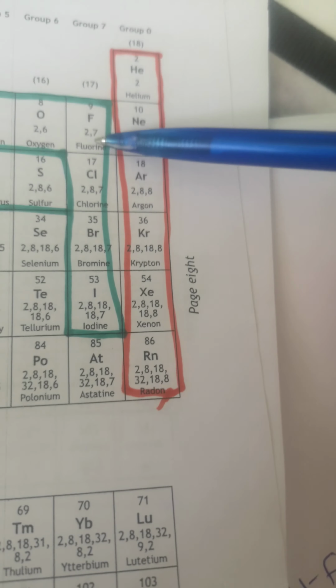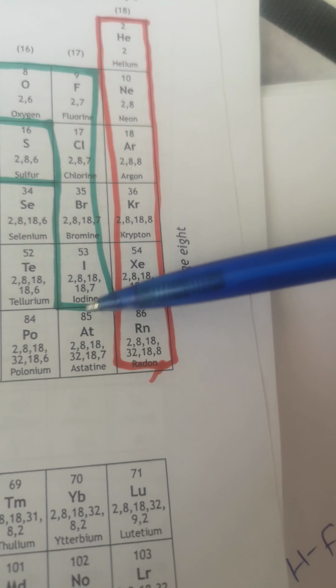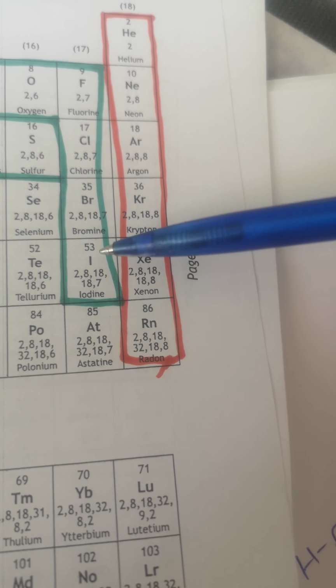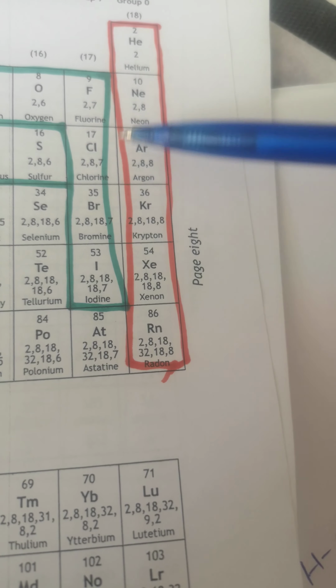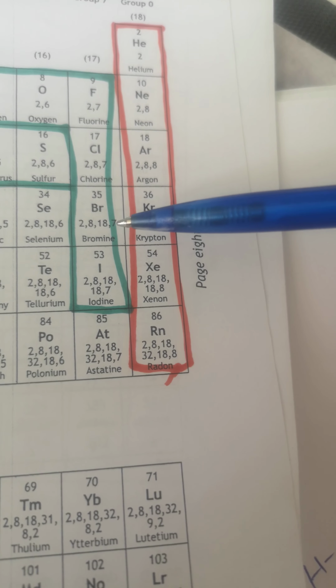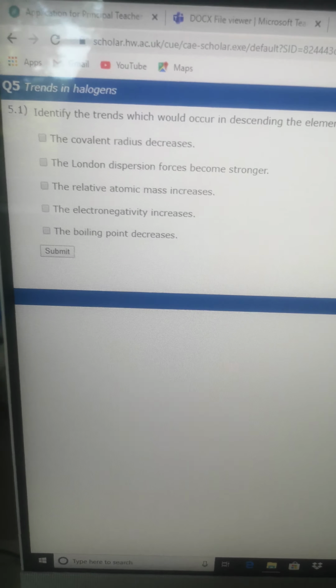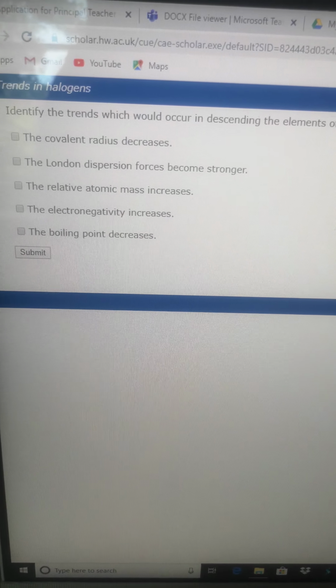So going down the group, the more shells are added, the further away the outer electrons are. Therefore, the electronegativity decreases. There's less attraction for that outer electron because it's getting further away from the nucleus. So that one's wrong.